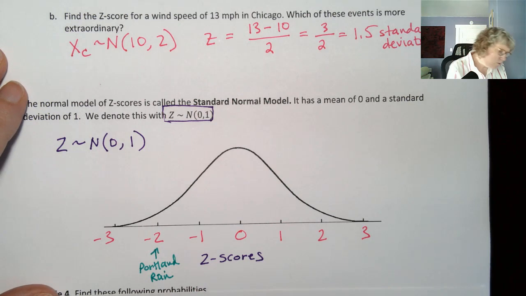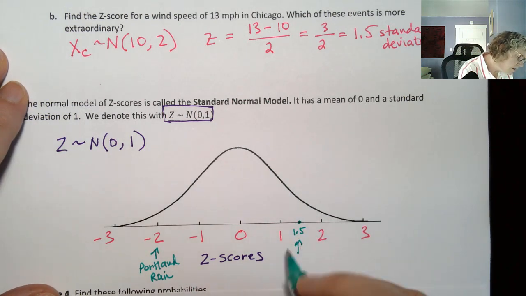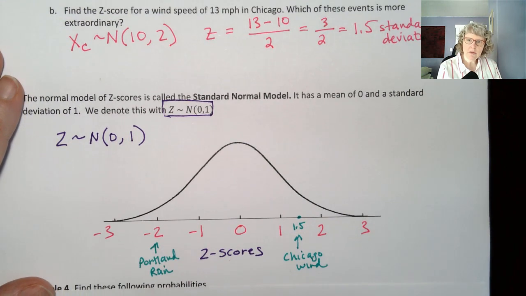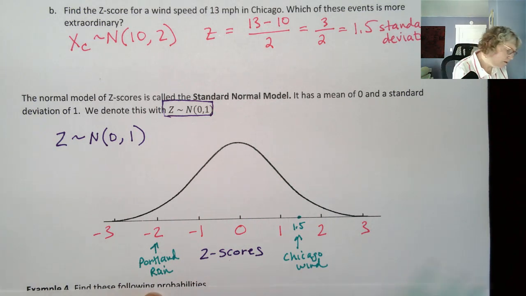And then the Chicago wind was 1.5. You could probably tell from the numbers that -2 is further away from 0 than Chicago, right? But it also helps to see it on a graph. I'll put a green dot here as well.